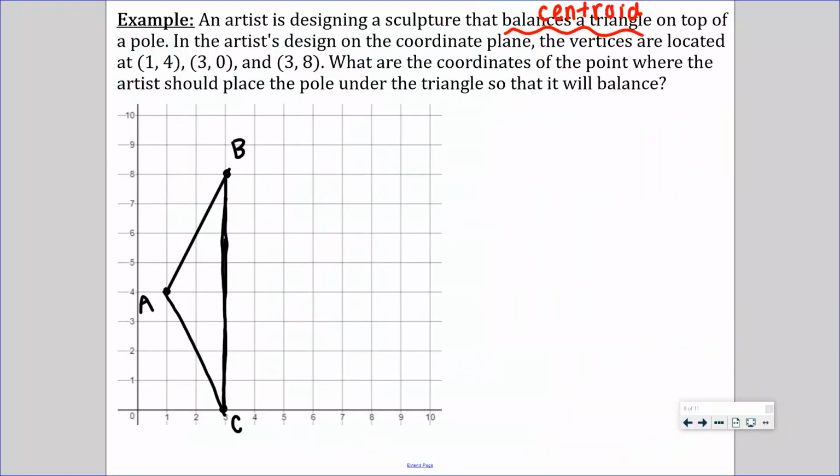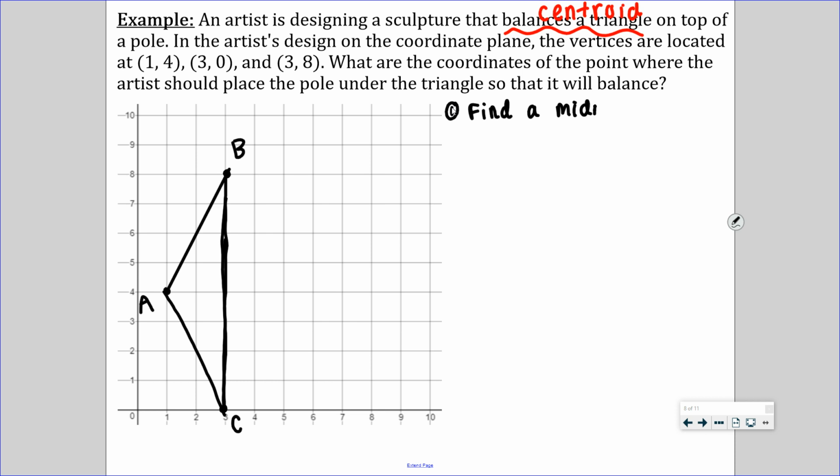So if I need to find the centroid, I need to essentially find the midpoint of at least one of my sides and connect it from the opposite vertex. So here's my advice to you. That's kind of our first step here: you want to find the midpoint of one side.